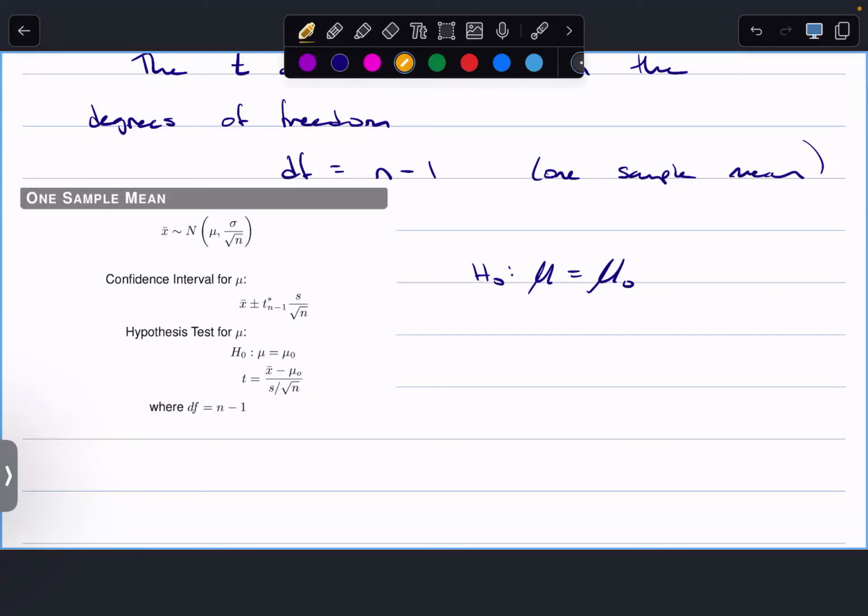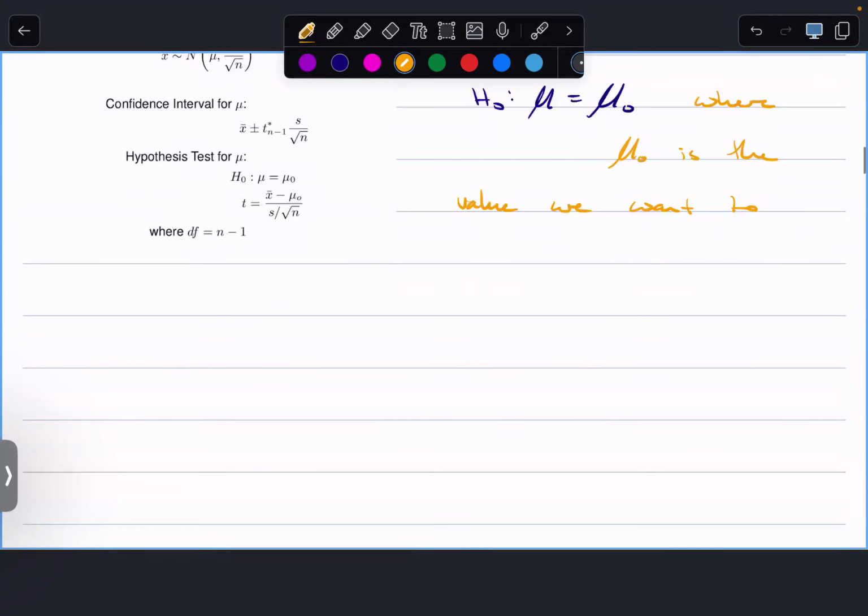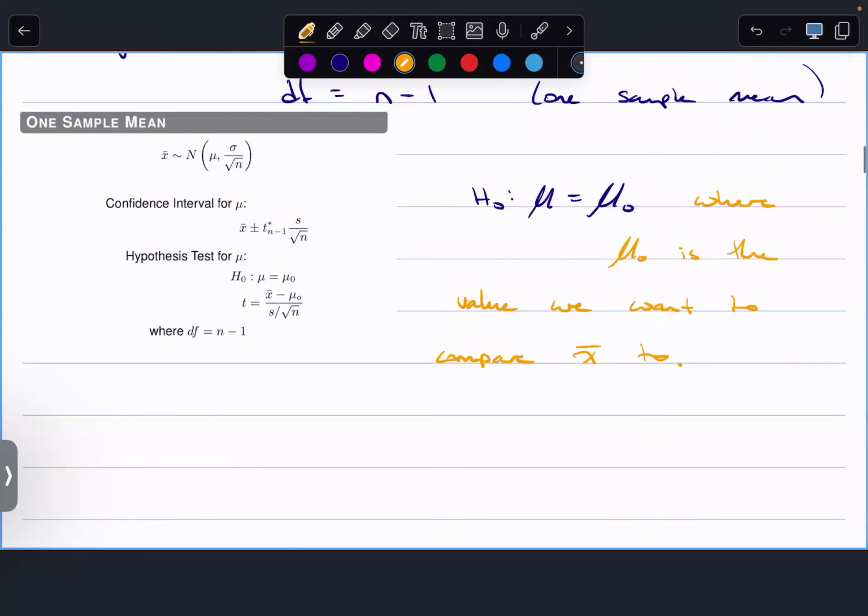And so here I'm going to say where mu naught is the value we want to compare our sample mean, x bar, to. So that's from the question, right? In the example that we did, we wanted to compare the mean dissolved oxygen level to 5, right? We were concerned that it was less than 5, and turns out it wasn't, whoop, whoop, which is good for the fish, right?